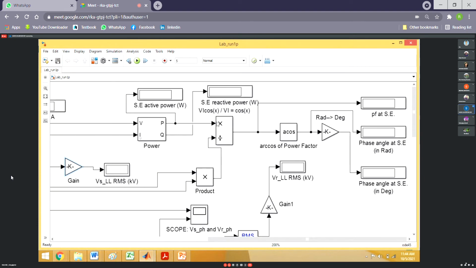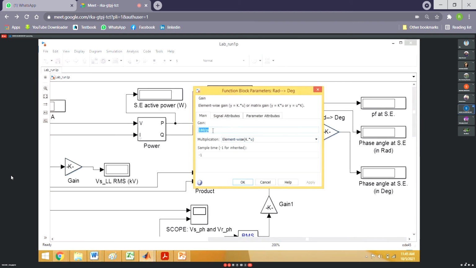Here we can take P and divide it by the RMS quantity of voltage and current. Then we shall get the power factor. If we take cos inverse, then we can get the power factor angle. But in MATLAB, it always gives the angle in radian, so if we want to convert it into degree, we shall multiply it by 180 by pi. Okay. So this is how I have developed this circuit in MATLAB Simulink.